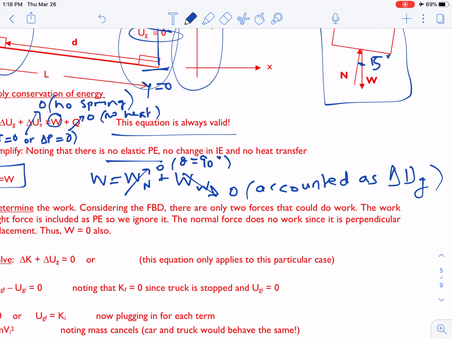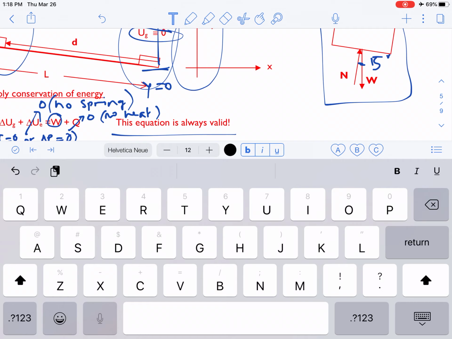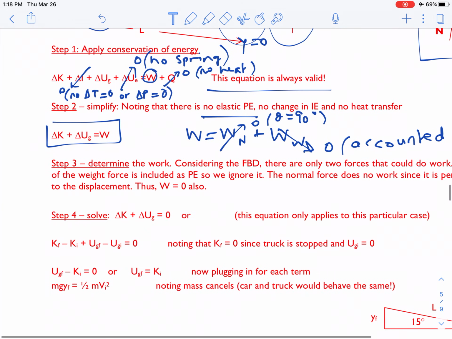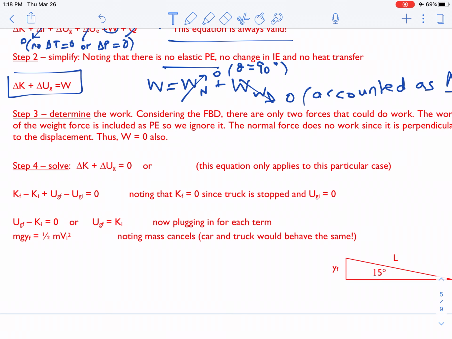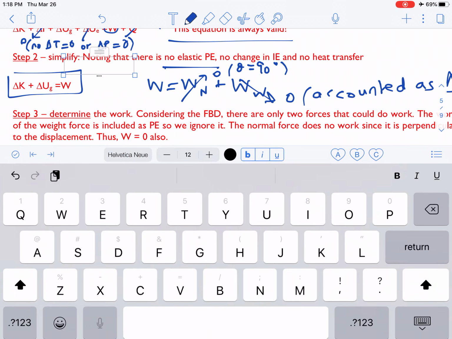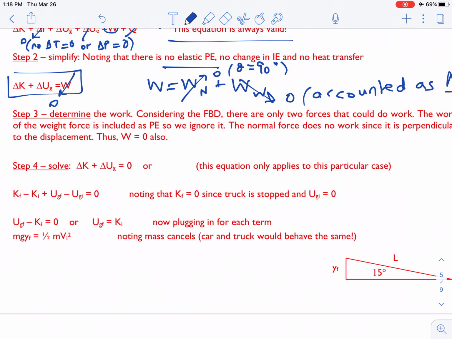That's why you're taking it as 0. And so that means there's nothing left, right? This goes to 0 as well. So when you simplify it, you will end up with just the kinetic energy and the gravitational potential energy changes, and when you add them up, it gives you 0.